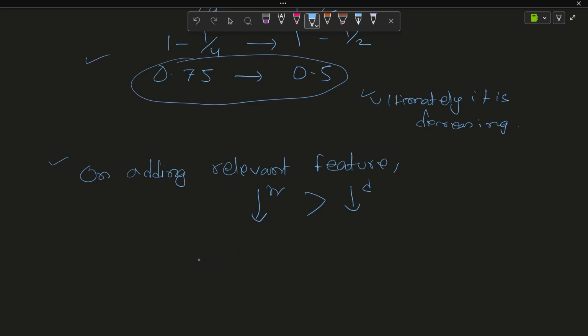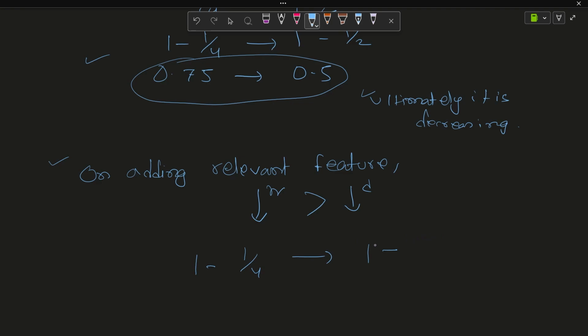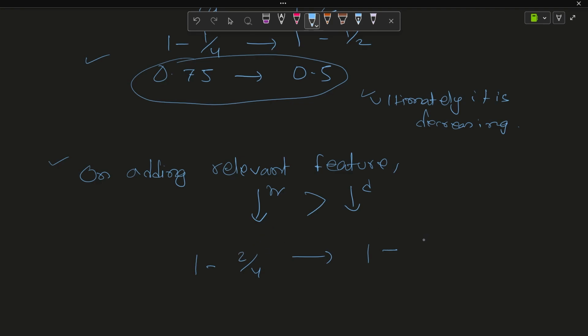So it will happen like this: 1 minus 2 by 4, and then it will be decreased to 1 minus 1 by 4, right? The decrease will be more, and you can calculate things from here.